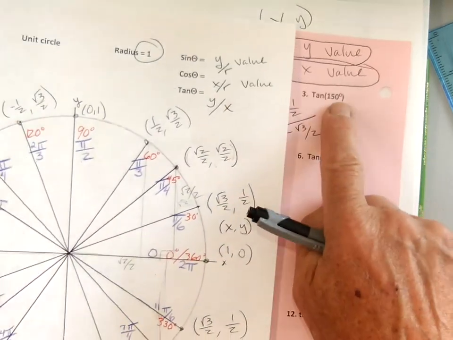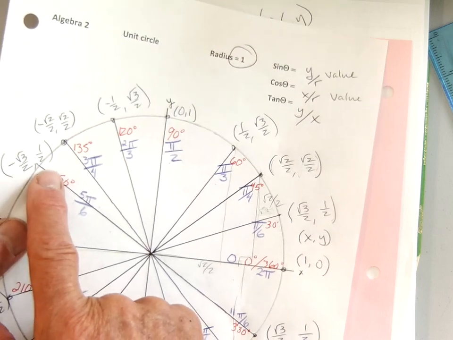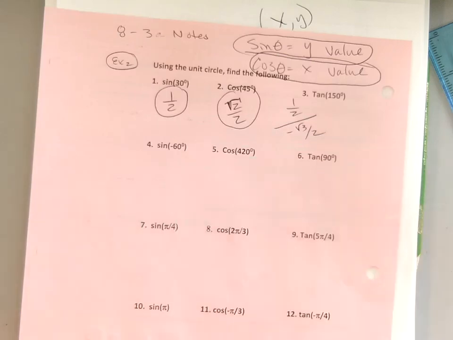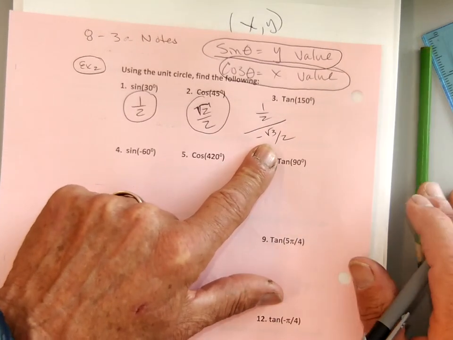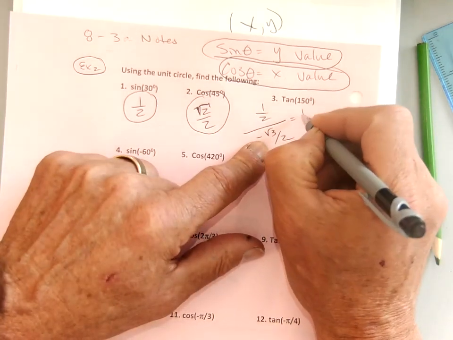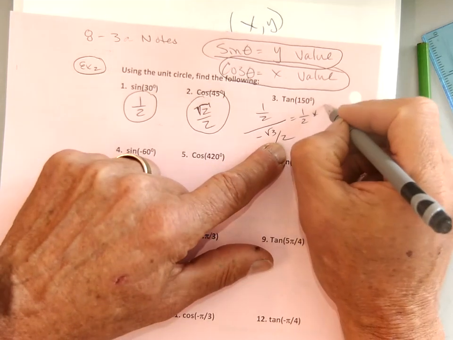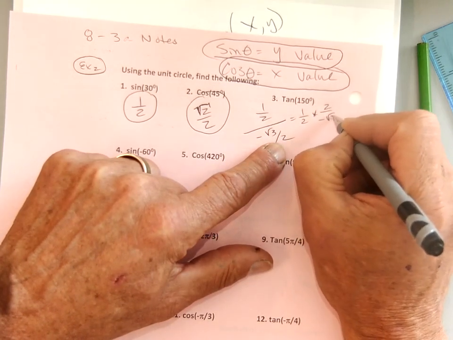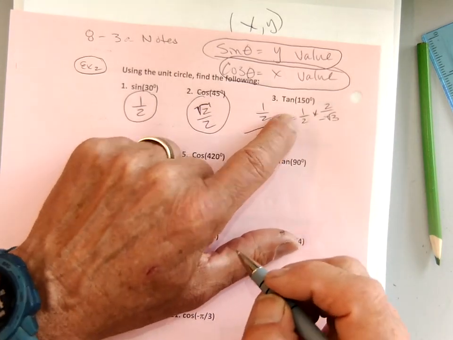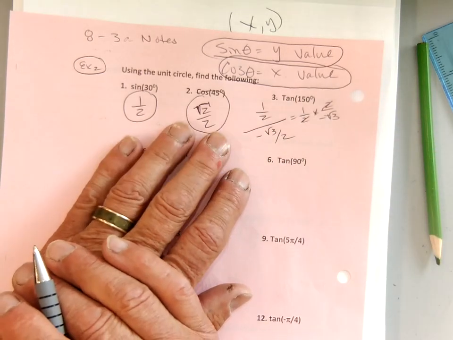Okay, now that's a really bad answer, so I'm going to fix it. If I have a fraction divided by a fraction, I'll just invert and multiply. So I flip it, right? I'm going to fix it some more. My 2's cancel.